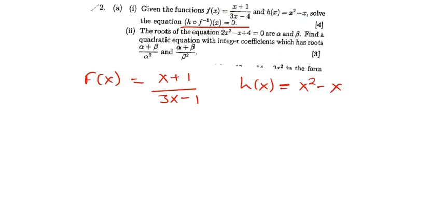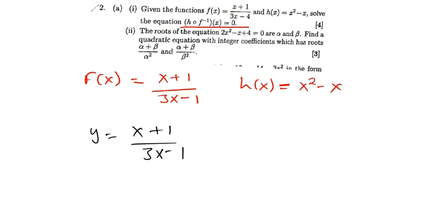So how do we find the inverse? The simpler way is to let the functional part be substituted by y, being equal to x plus 1 over 3x minus 1. Our goal here is to make x the subject of the formula.